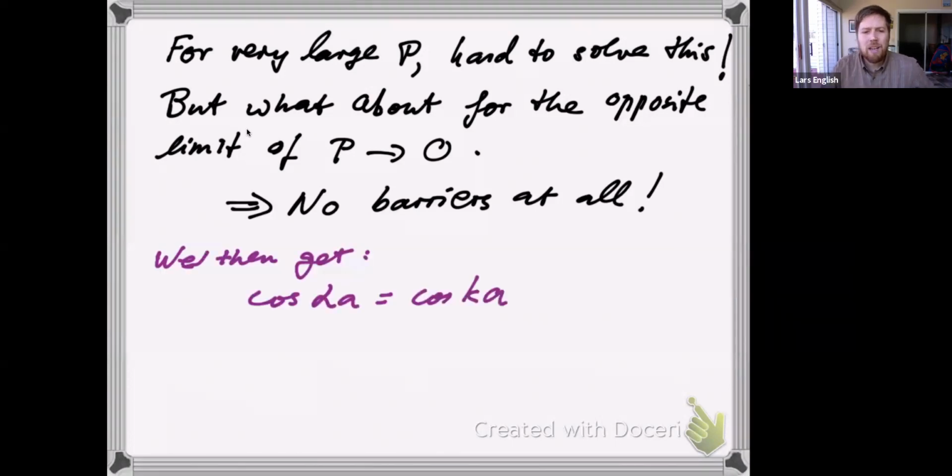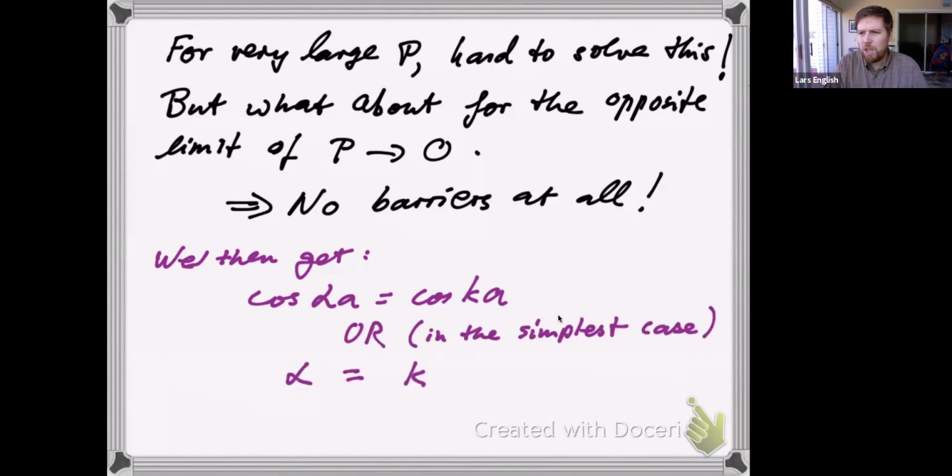So what does the equation say here? Well, when P is equal to 0, that whole first term goes away, and we're basically just left with this equation here. And in the simplest case, that just forces the arguments to be the same, in which case we can say that alpha has to be equal to K. And if you square everything, you get alpha squared is equal to K squared.